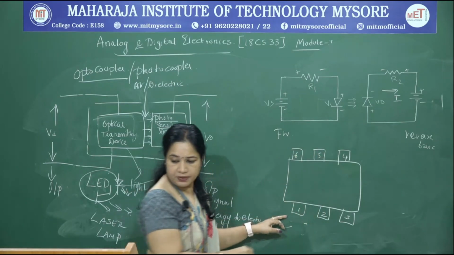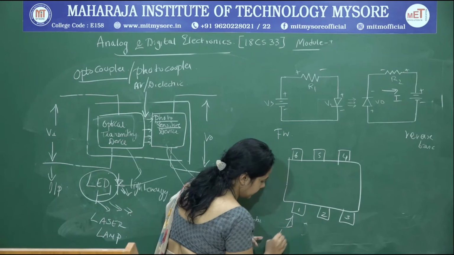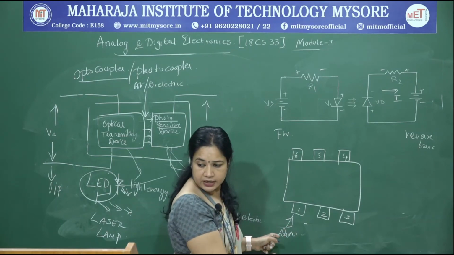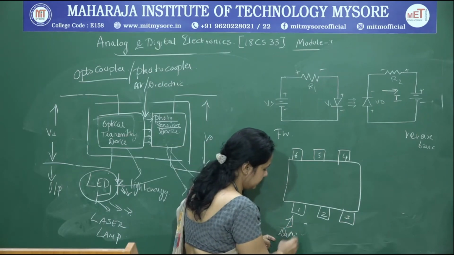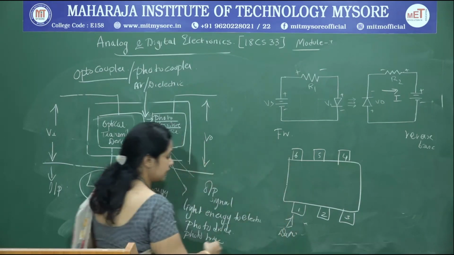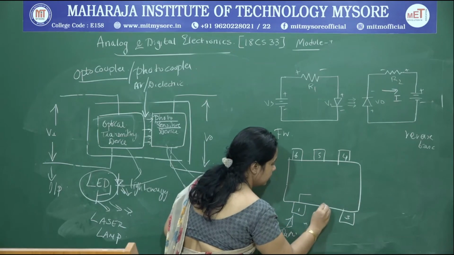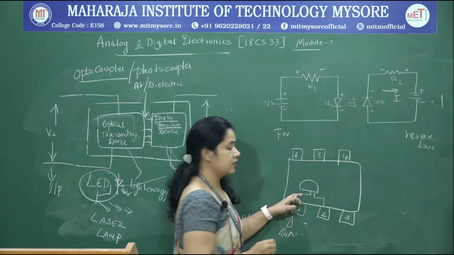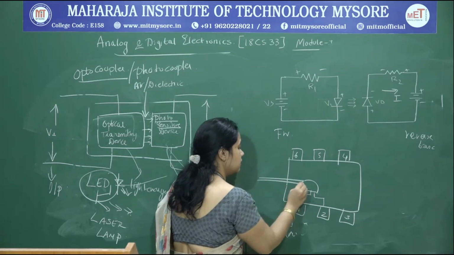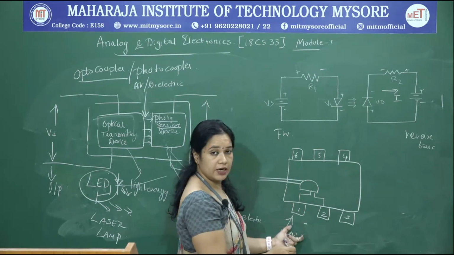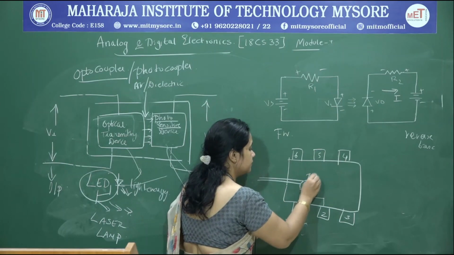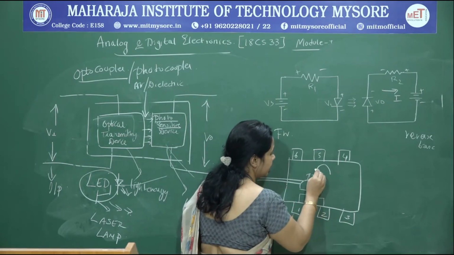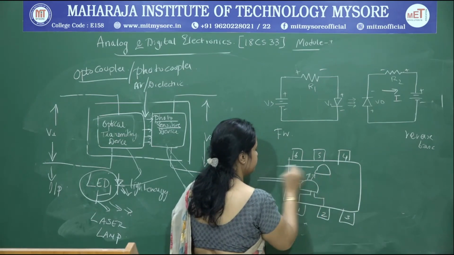Here the data is coming from the input circuit, and this is picked up by a transmitting device which converts your electrical signal to light signal, and this is picked up by a photo sensor.